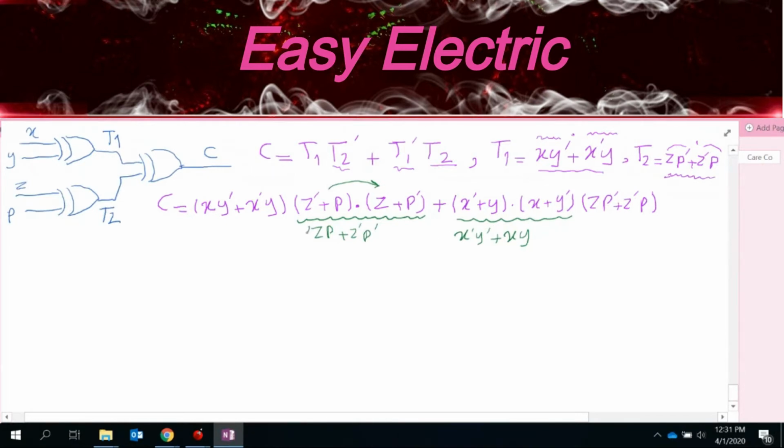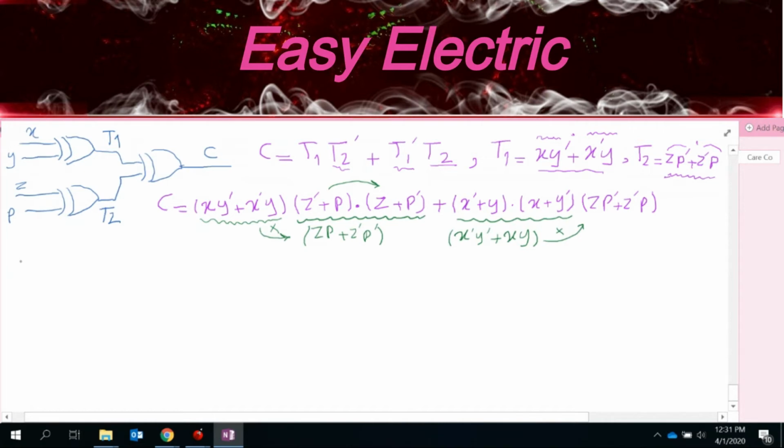You consider one parenthesis here, one parenthesis here, then you multiply whatever you have here times whatever you have here. Same thing, distribute these parentheses inside these parentheses, okay?